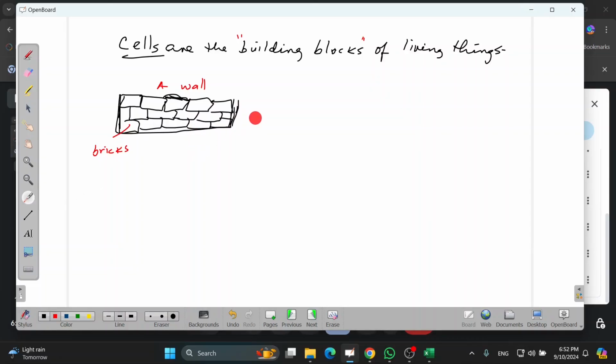Now living things are kind of made up of walls and bricks, but we don't call them walls and bricks. We call the bricks the cells. Like for example, in our skin, cells are grouped similar to that.